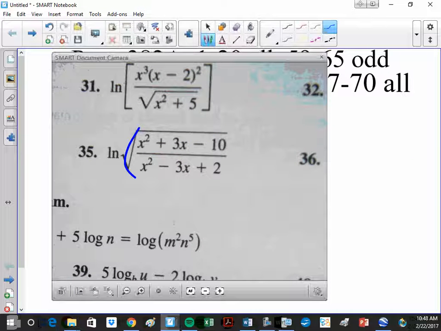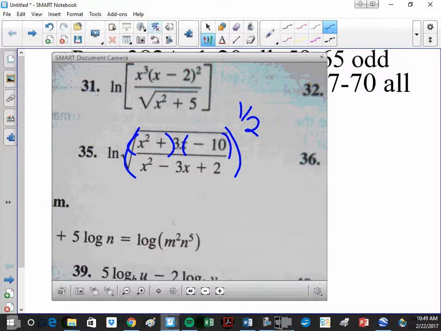All of this has a 1/2 power. Everybody agree? So every natural log that we write will have a 1/2 power in front of it. Okay, but this will factor into x minus 5 plus 5 and x minus 3. What does the bottom factor into?